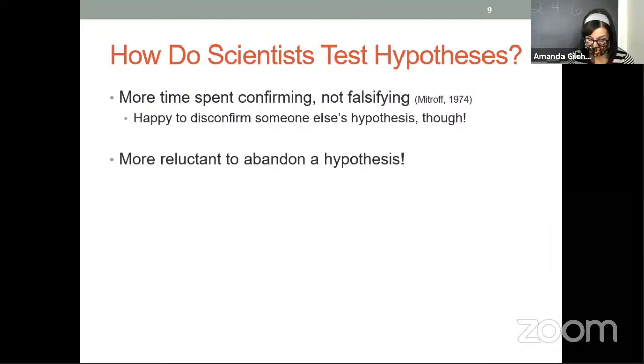Now, a lot of this happens because of how we approach these things.